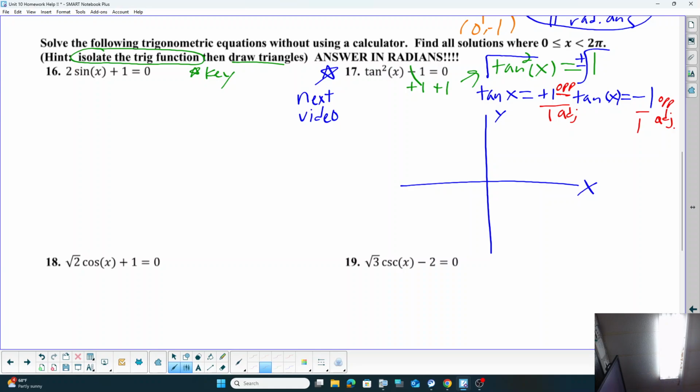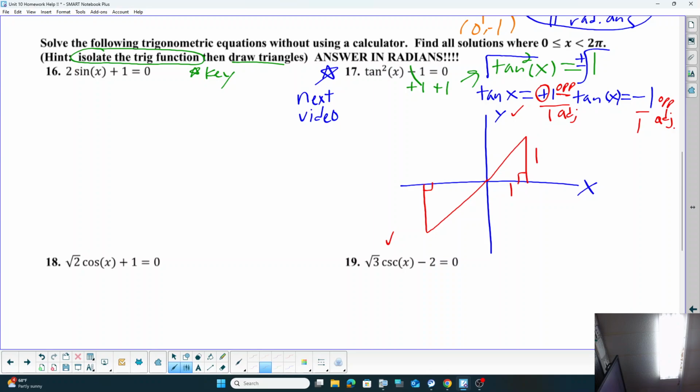Okay. So where is tangent positive, first of all? Tangent is positive here and down here. So we're going to draw those 45-degree angles. Not exactly to spec, but nearly. It's over 1 and up 1.